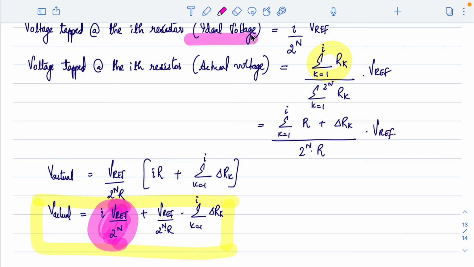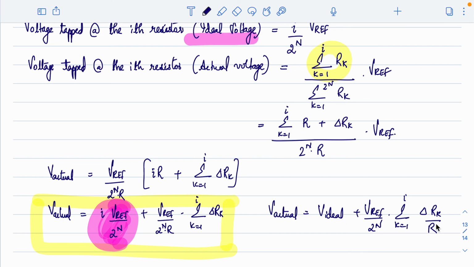ideal voltage. Right. So, I can otherwise write it as V actual is equal to V ideal plus V ref divided by 2 to the power of n into summation k equal to 1 to I delta Rk divided by R. There is an R in this denominator, so that I have written inside this. Right.